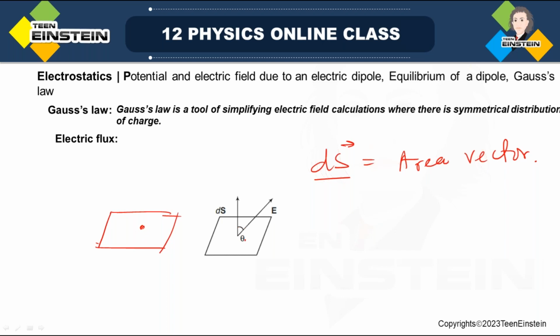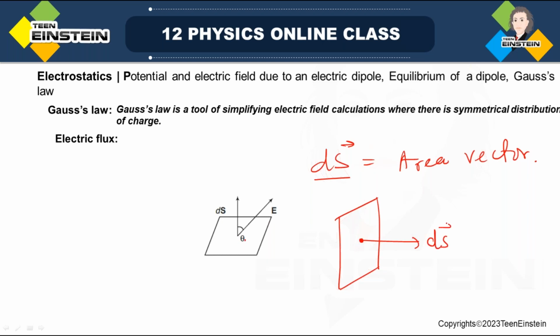But in case of an open surface, any direction which is perpendicular to this. Suppose I take just an open surface like this, so I can take the normal or area vector in this direction also or in this direction also.